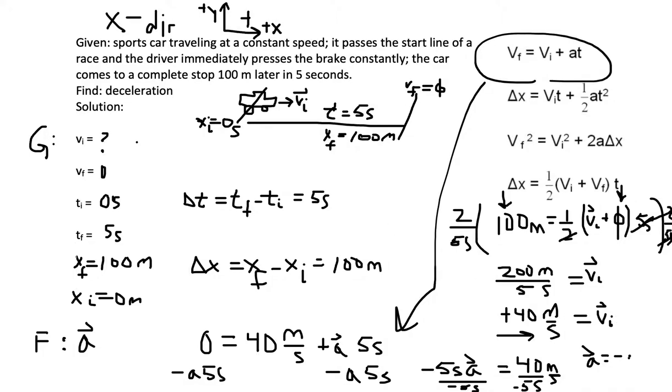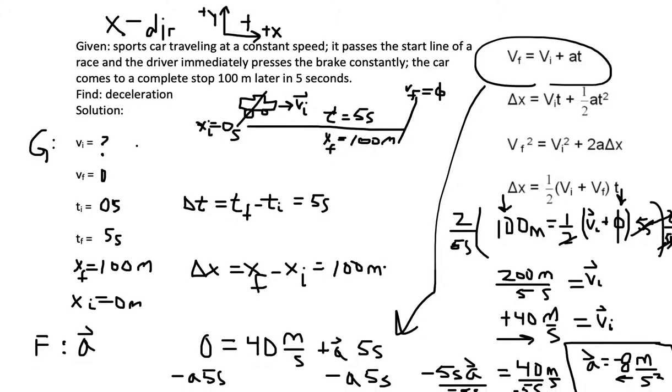And so we're left with 8 here. Our units are meters on the top divided by a second times a second, which is seconds squared. The negative sign tells us the direction is opposite to the direction we declared, which is to the left, and that makes sense because we're decelerating. So that is our value: minus 8 meters per second squared. And that's how we solve kinematic problems in the x direction.